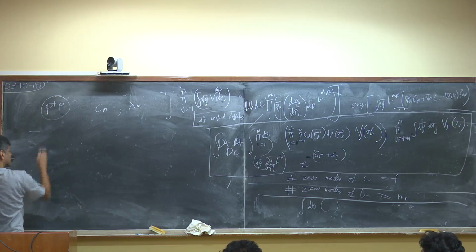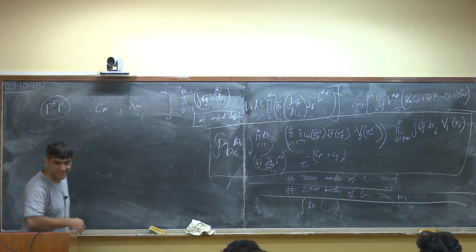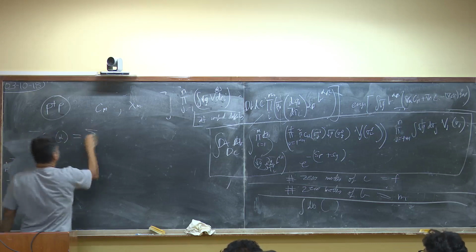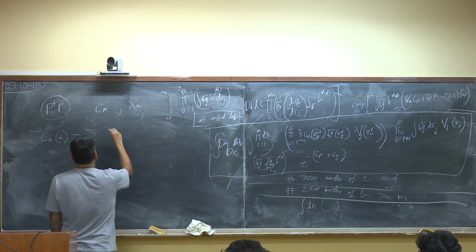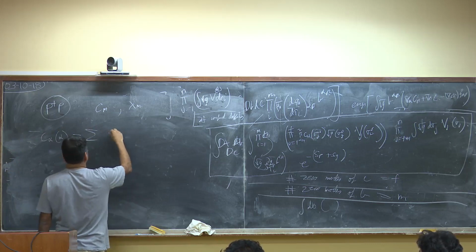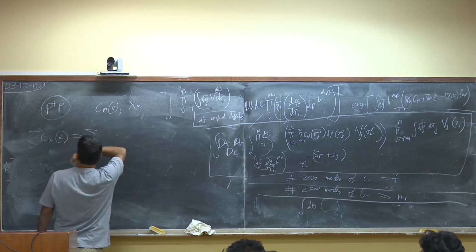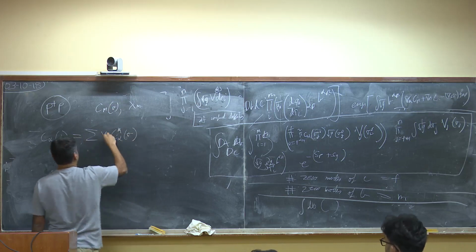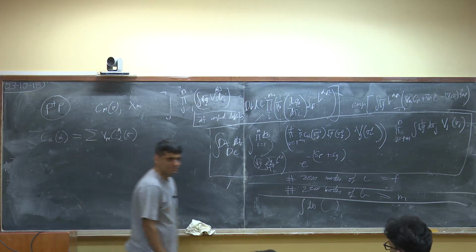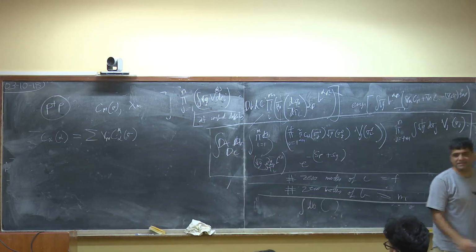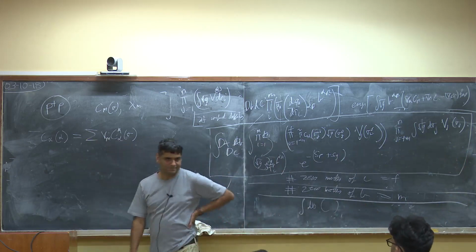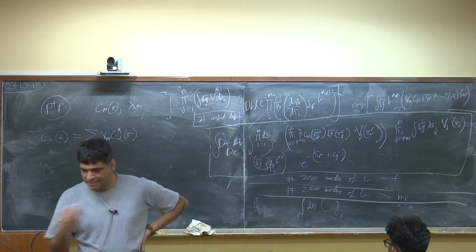Any square integrable field C, the kind of fields that we are interested in looking at, C alpha, can be expanded as, let's call it, C_m alpha sigma gamma_m, for some coefficients gamma, because this is an orthonormal basis.